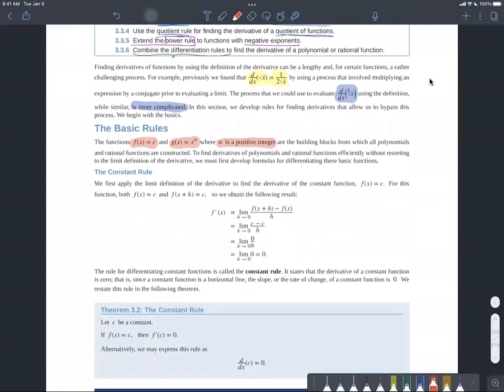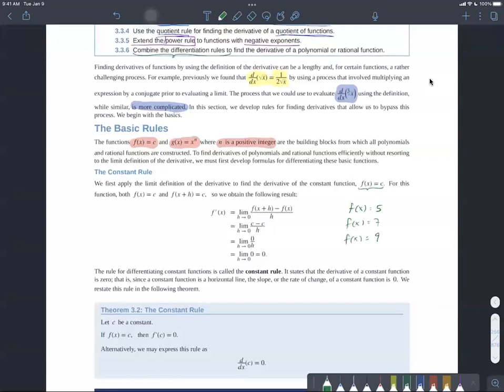Okay, so the constant rule. We first apply the limit definition of the derivative to find the derivative of the constant function f(x) = c. So, I could ask you to find the derivative of f(x) = 5, a constant 5, or f(x) = 7, or f(x) = 9.